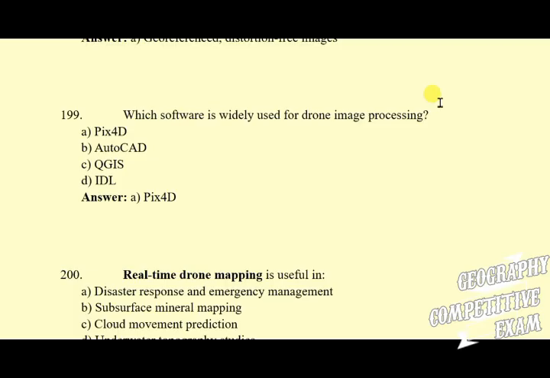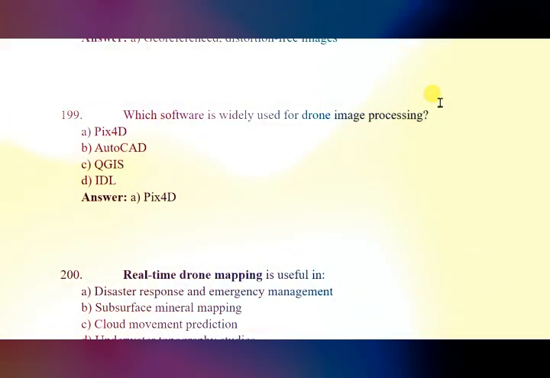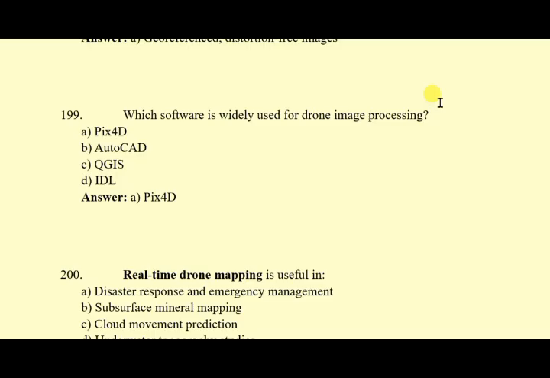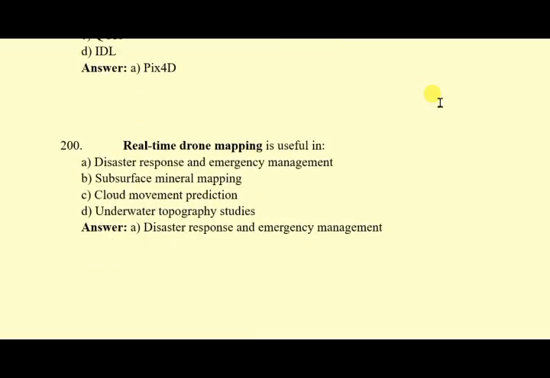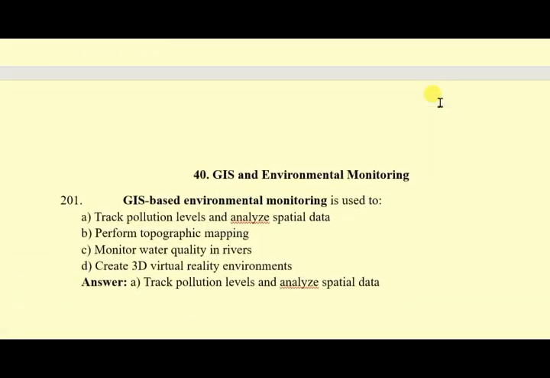Options are PIX4D, AutoCAD, QGIS, IDL. Here the right answer will be PIX4D. Question number 200. Real-time drone mapping is useful in disaster response and emergency management, subsurface mineral mapping, cloud movement prediction, underwater topography studies. Here the right answer will be disaster response and emergency management.